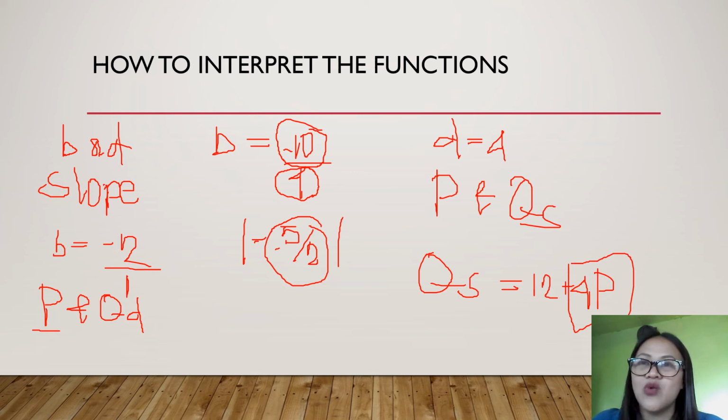Okay, you will always say that as the price changes by 1, the quantity supply changes by 4. Okay? So that's how you always interpret the functions itself. Got it? So that's how the interpretation is.